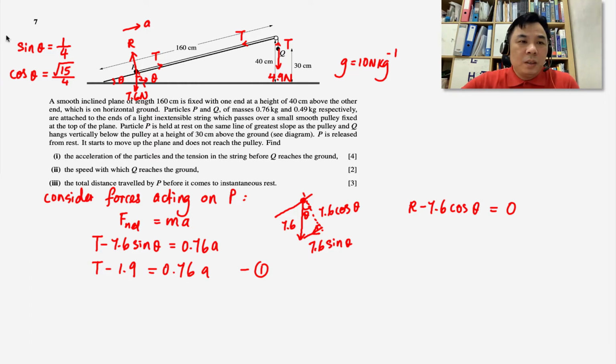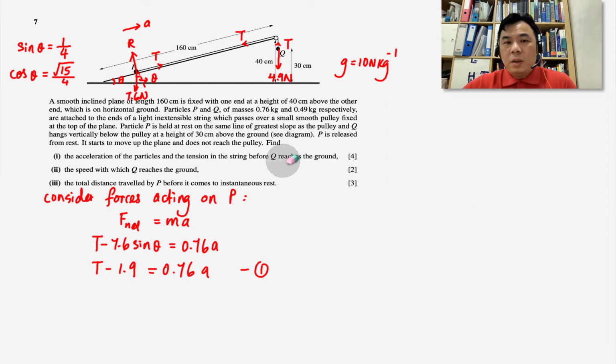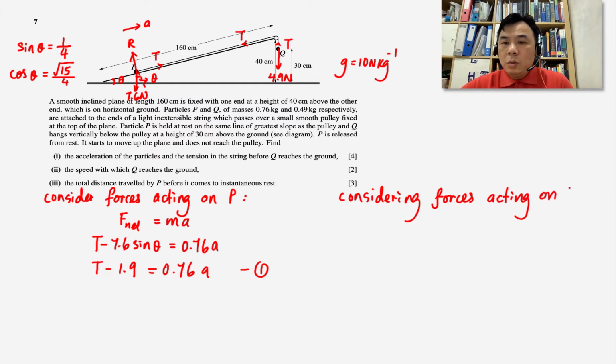All right. Once we're done with this, we don't need this anymore. I'm going to erase it here. Now, after we're done considering the forces acting on particle P, we can perform the same method by considering forces acting on Q instead. If you look at the forces acting on Q, there are only two of them.